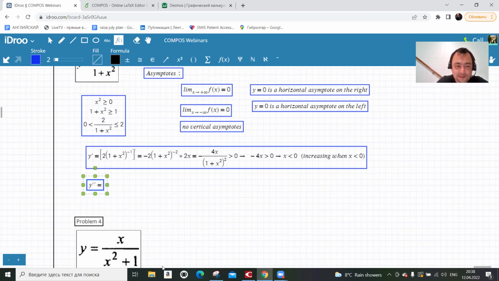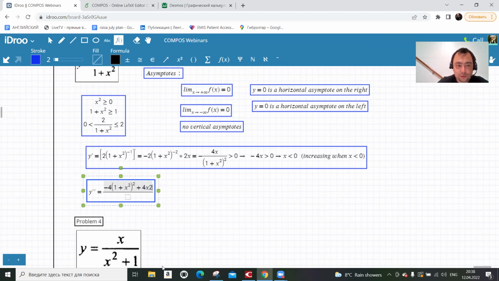So the derivative is minus 4 times (1 plus x squared) squared, minus, well, minus is going to be plus in this case, 4x, and then the derivative of that.